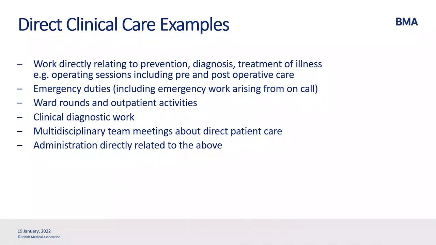It includes outpatient activities, clinical diagnostic work, multidisciplinary team meetings, and any administration directly related to these activities, for example, letters to GPs, liaison with family and carers, chasing results, other admin time related to clinics and lists, clinical complaints, serious adverse events, and the like.